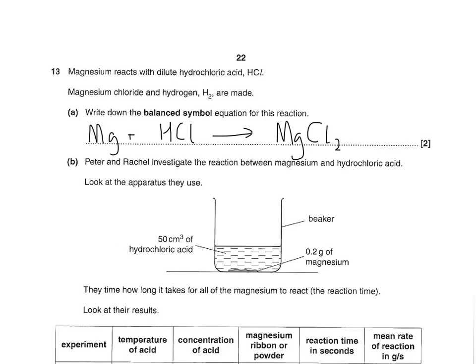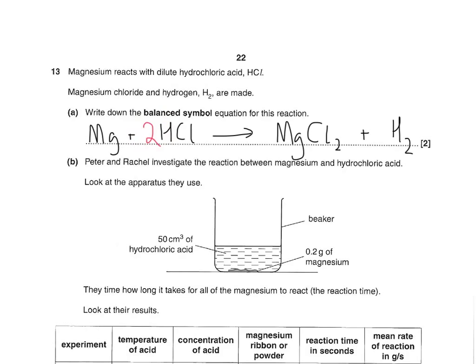Now you've got to know the formula for magnesium chloride, so that's MgCl2. You've got to make sure that the first letters look like capitals and the second letters are lowercase in your symbols. And then you've just got to balance it for the second mark. So to balance it you need 2 HCl. So 1 mark for the symbols in the right places and 1 mark for the balancing.